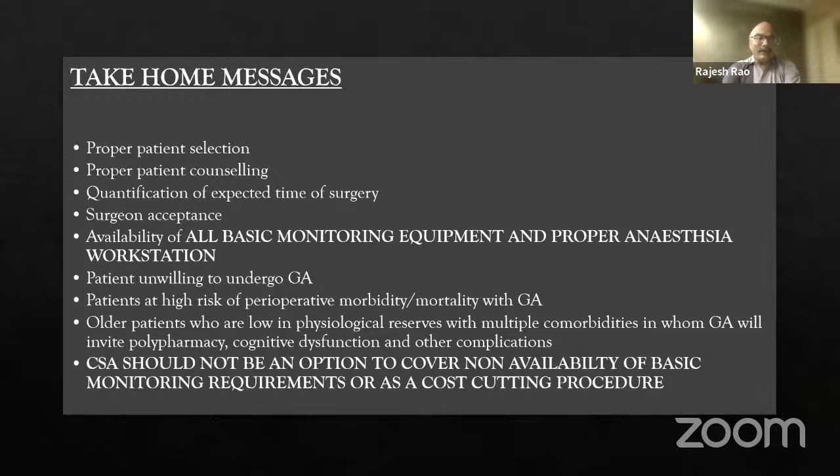Suitable patients are those unwilling to undergo GA, patients at high risk of perioperative morbidity and mortality with GA, and older patients with low physiological reserves and multiple comorbidities, in whom general anesthesia will invite polypharmacy, cognitive dysfunction, and other complications. And lastly, continuous spinal anesthesia should not be an option to cover non-availability of basic monitoring requirements or as a cost-cutting procedure.